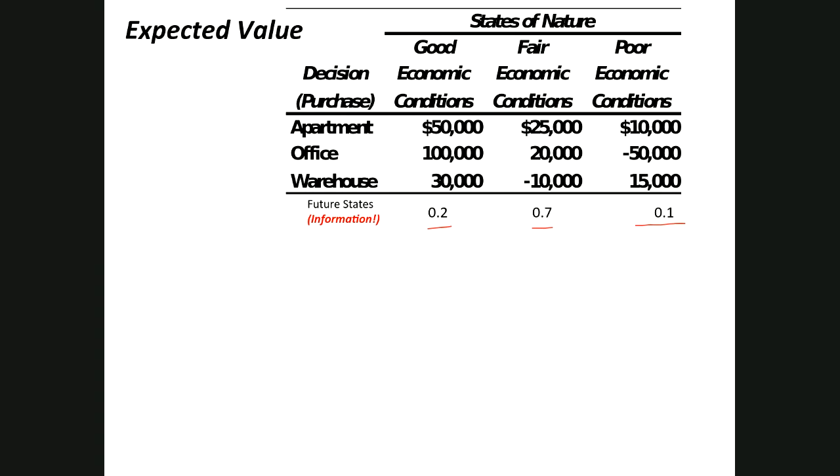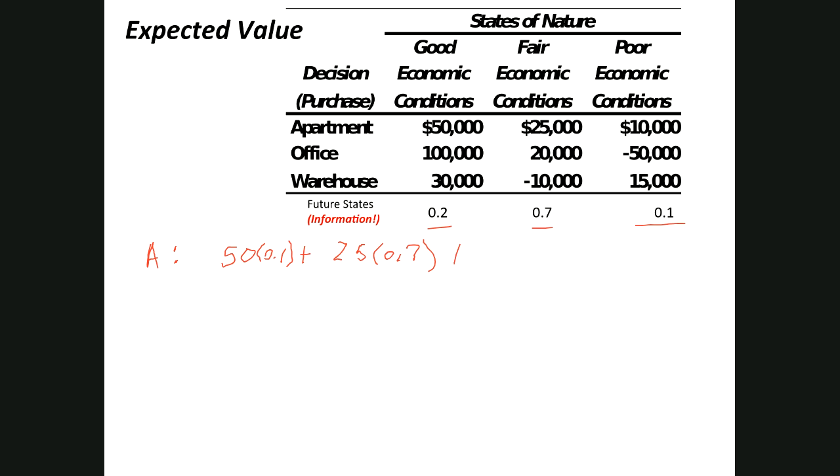So for the apartment, we're going to calculate the value. If the economy is good, there's $50,000, and there's a 10% chance that will occur. Plus $25,000, and there's a 70% chance that this occurs, 0.7.